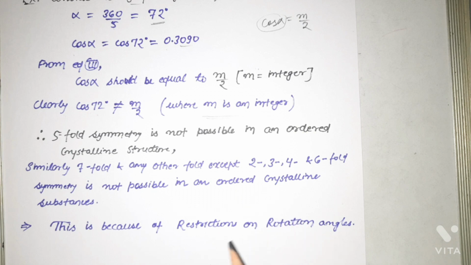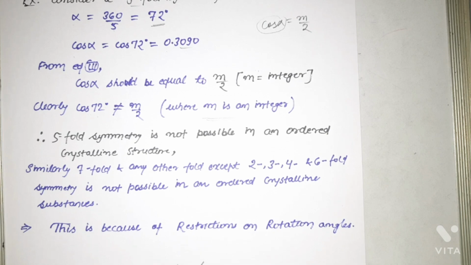Similarly, if we take a seven-fold axis of symmetry, there will also not be any integer; cos alpha will not be equal to m by 2. So sevenfold and any other fold except 2, 3, 4 and 6 is not possible in ordered crystalline substances, though these symmetries can be possible in the biological world.